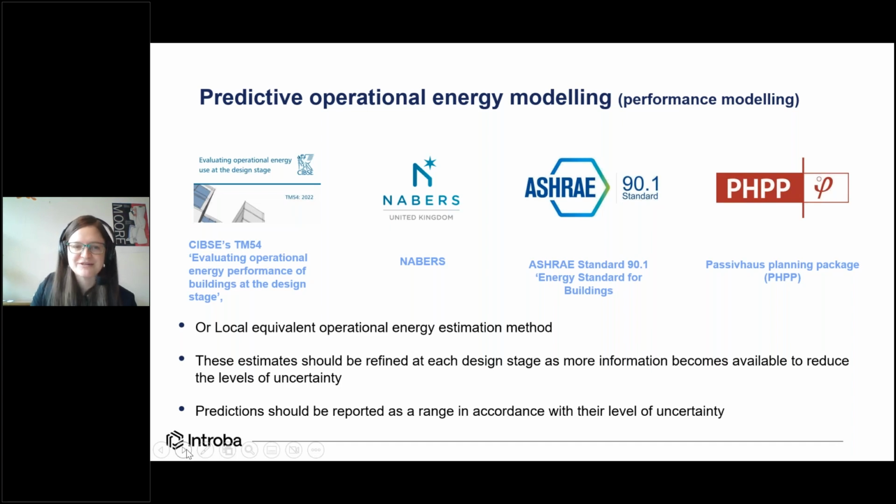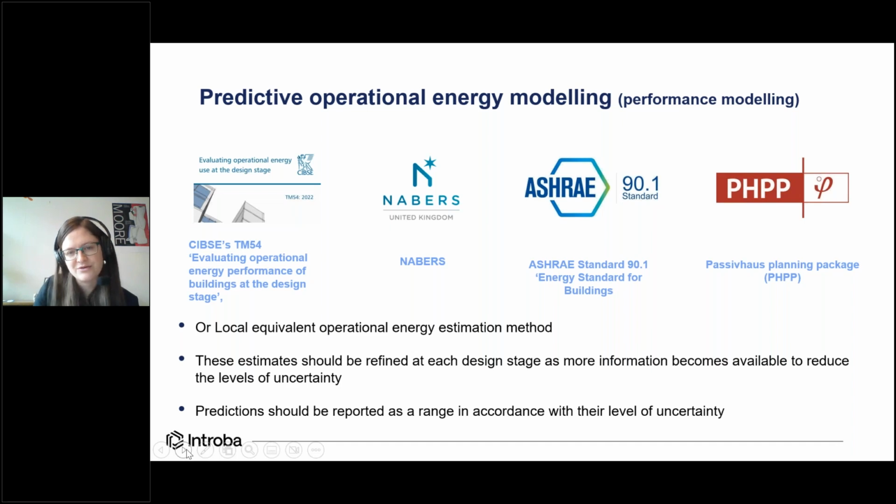Depending on where you are in the world, I'm sure there are also other local equivalent operational energy estimation methods. It's important that these estimates are refined at each design stage as we move forward, and they should be reported as a range depending on their level of uncertainty.